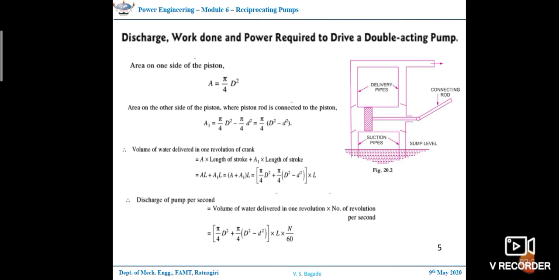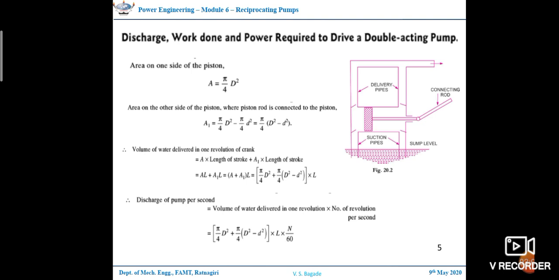So the volume of water delivered in one revolution is nothing but the area on one side of the piston multiplied by the length of stroke, plus the area on the other side of the piston multiplied by the length of stroke. Here the length of stroke is common, and this is the equation. Now the discharge of the pump per second is the volume of water delivered in one revolution multiplied by the number of revolutions per second.